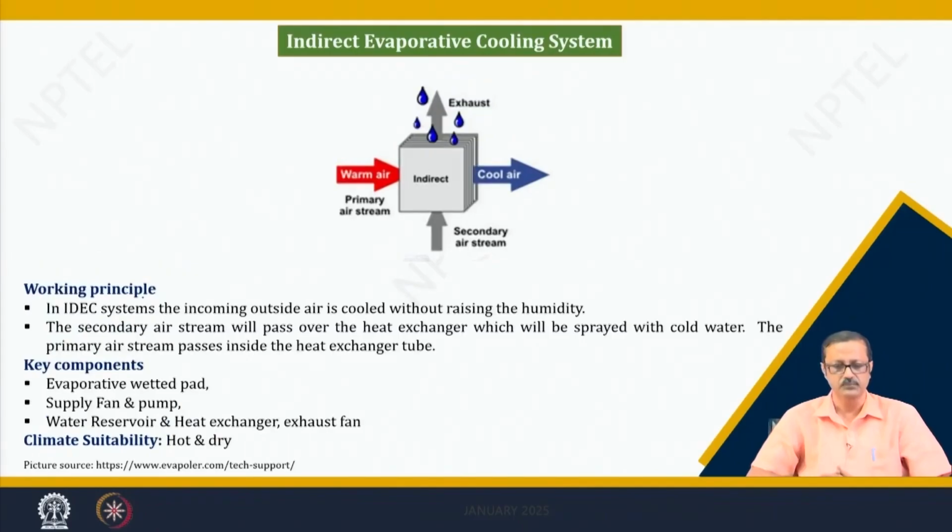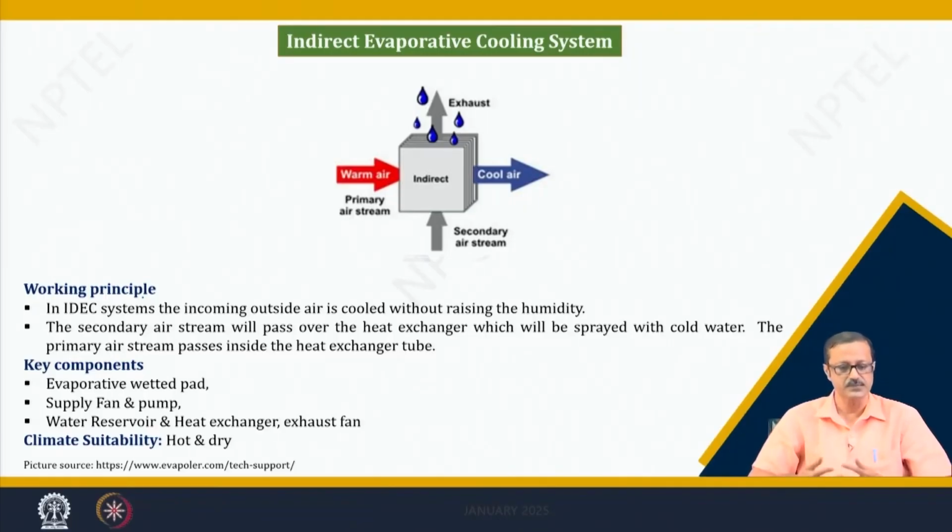In case of the indirect system, there are two passages of air. One is in the horizontal direction, suppose that is the warm air and the cool air we discussed, and another is a secondary air stream path that will flow again, and by that flow some amount of humidity will be imparted, and that humidity will be taken care of by the method of cooling.